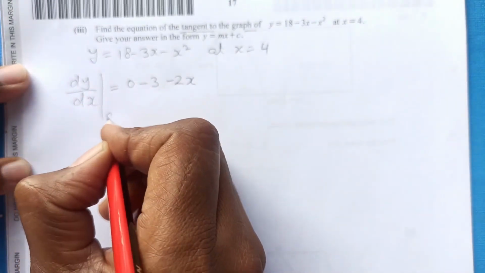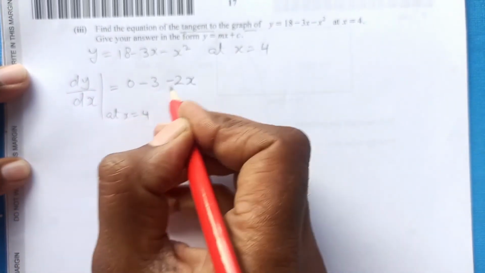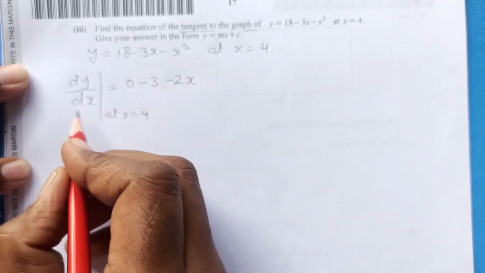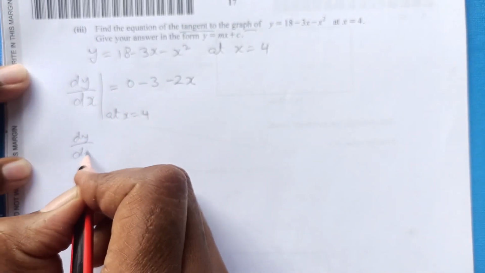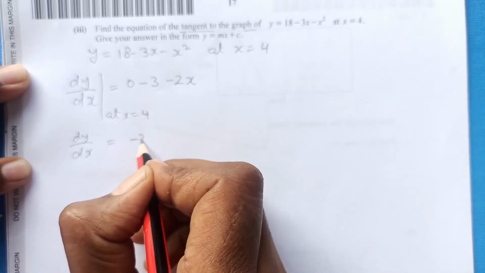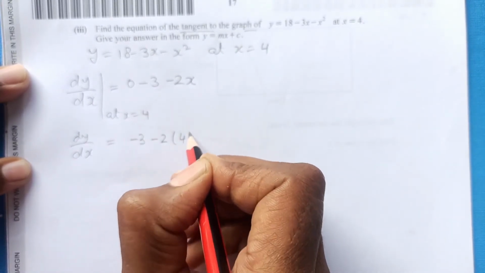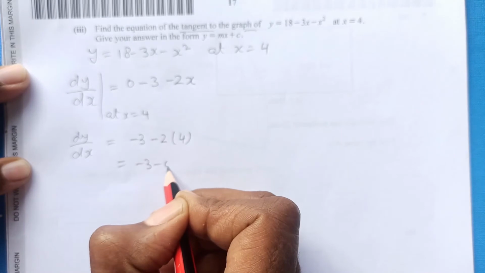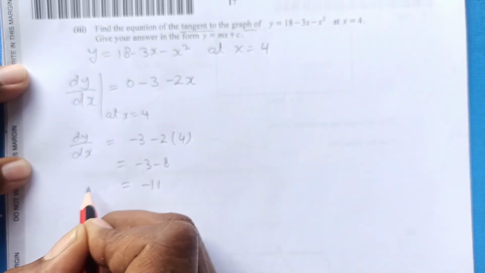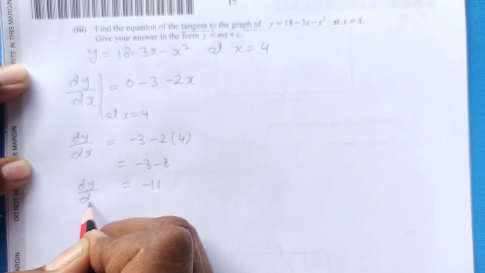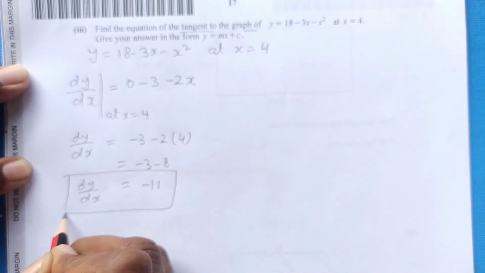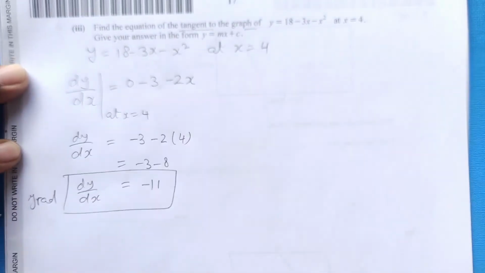So at x equals 4 we are going to substitute the value. So dy over dx at x equals 4 will be negative 3 minus 2 times 4, which is negative 3 minus 8, so negative 11. So this is the gradient, right?